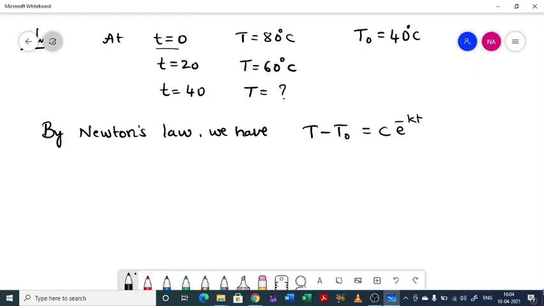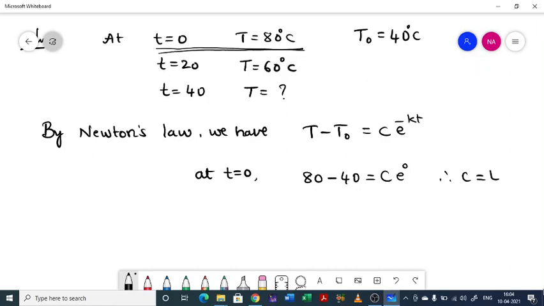First you have to use this at t equal to 0. So we have capital T is 80, T naught is 40, equal to C into e power 0, which is 1. Therefore C you get 40, because this term is equal to 1. So you get C equal to 40.